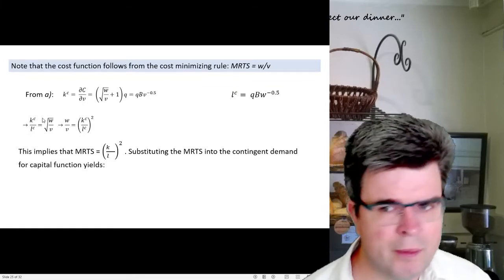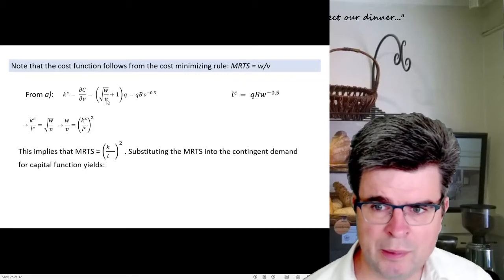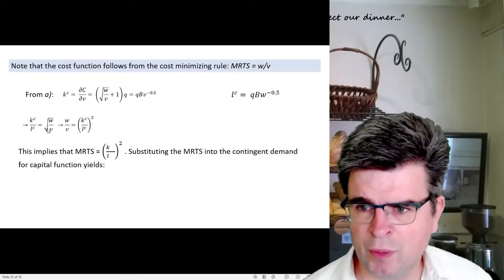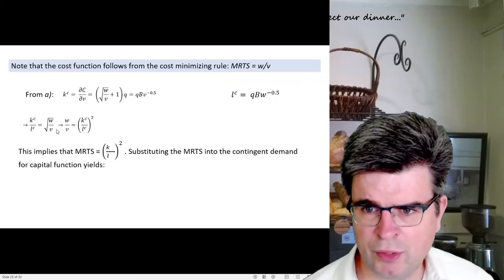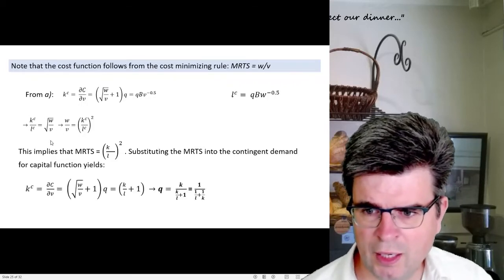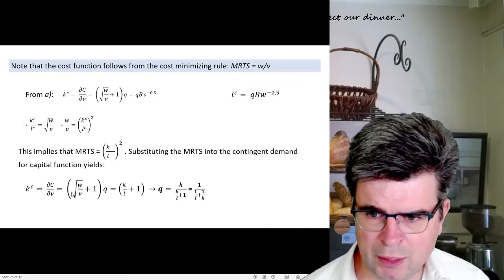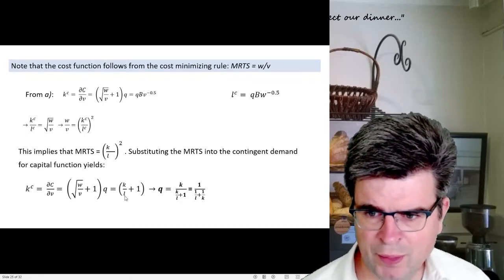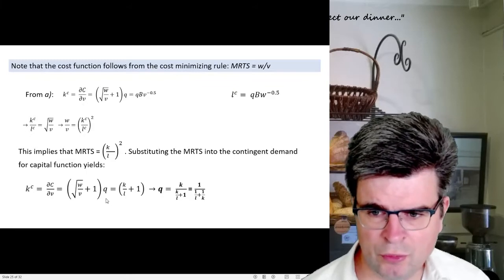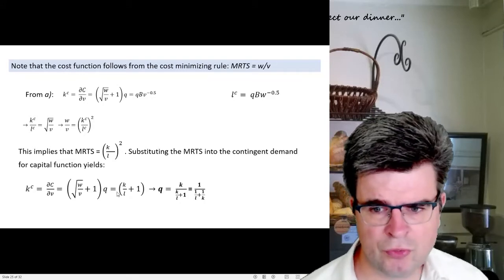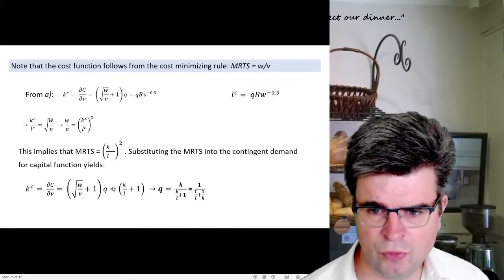So what we do is we replace the square root of W over V over here with the expression that we have over here. And doing so, we simply replace this one with K over L. And we have an expression in the form of K, L, and Q. Now we need to derive the production function, so we solve this equation for Q.